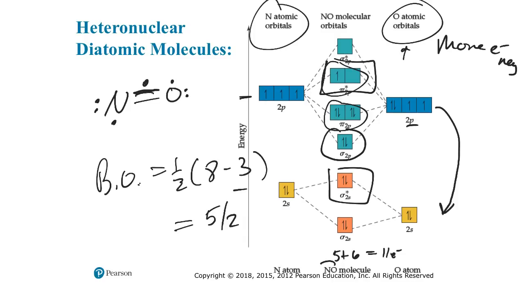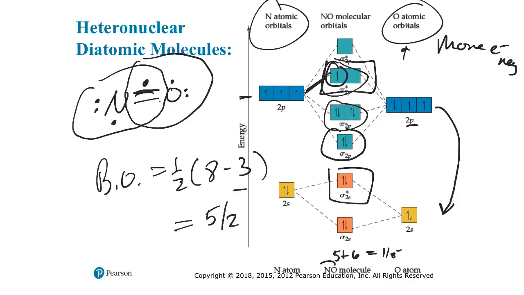So that gives me 1 through 8 for nitrogen, 1 through 8 for oxygen. This is a weird Lewis structure drawn this way, but notice each atom actually satisfies the octet rule. Now, the book does talk about how this electron being closer in energy to the nitrogen atom probably means that lone pair electron is a little bit closer to the nitrogen than it is to the oxygen.